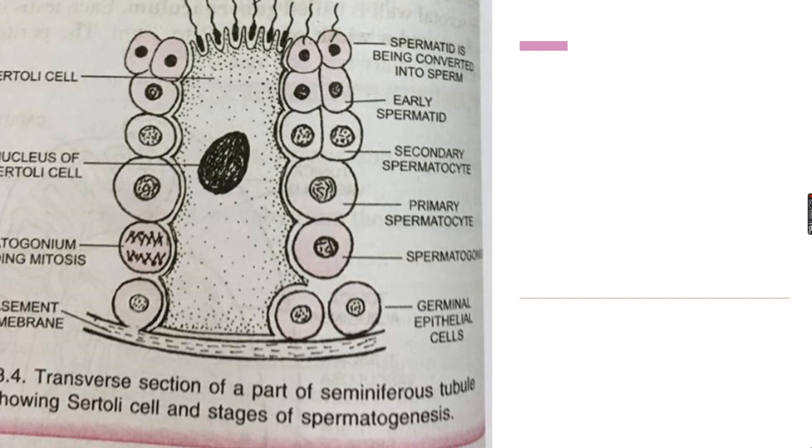Four haploid cells are formed: first secondary spermatocytes, and then spermatids. Now the spermatids convert into spermatozoa, means sperms. The Sertoli cells, the larger cells, support the sperms and provide nutrition to the developing sperms, and sperms are stored till ejaculation.